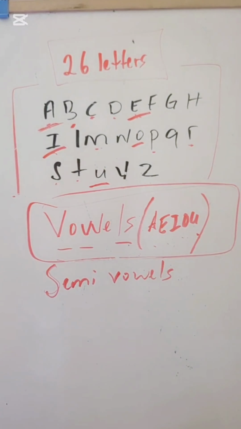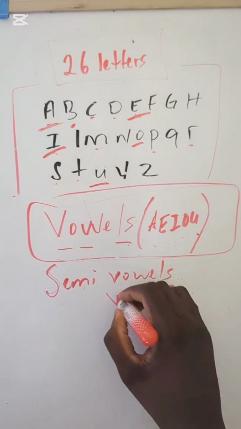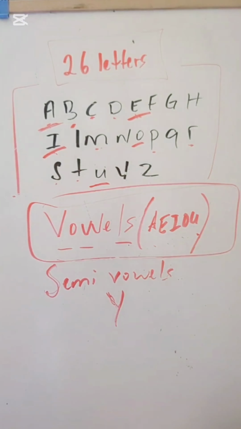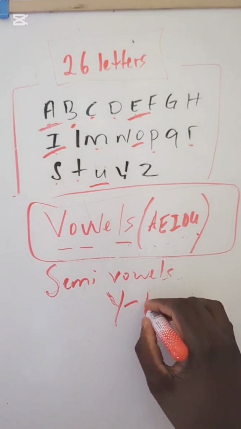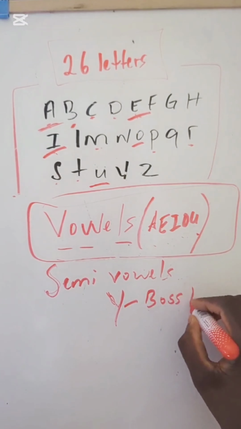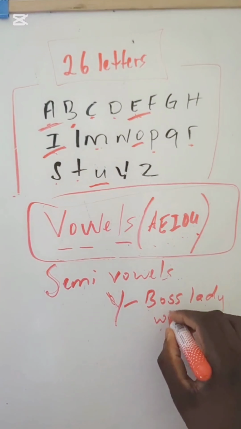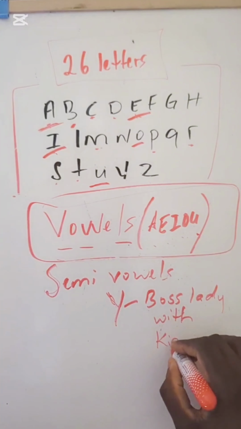And this is where the letter Y comes into play. I did tell you earlier on, the letter Y is in the consonant group. Yes, it is. But I did also tell you to think of Y like a boss lady with kids.